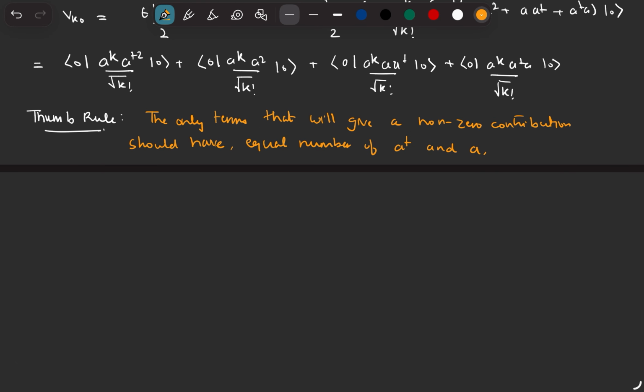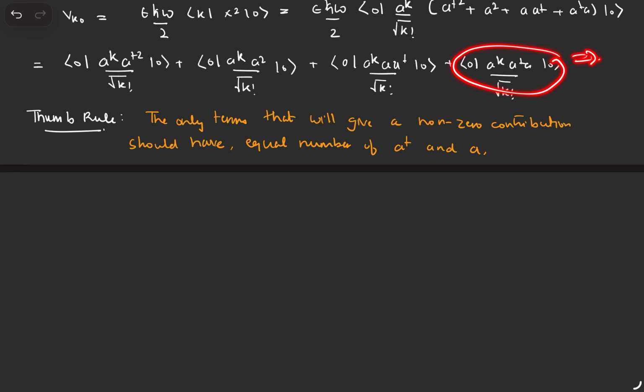One can check it. So let's look at these terms again. Here, for us to have a non-zero contribution, the k has to be 2. Here it cannot be because it only has a dagger terms, so this will always be 0. Here, there is one a dagger, so there would need to be only one a, so obviously this is 0. So the k has to be 0 here, and here also k has to be 0. Only then you could have a non-zero contribution, but because it is normally ordered, it will always be 0, so it doesn't matter at all.